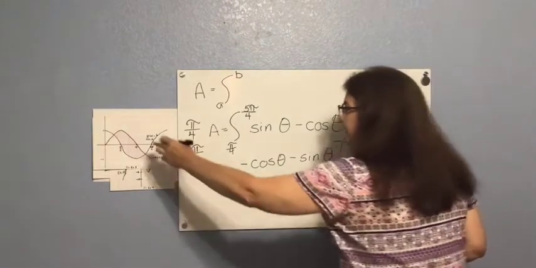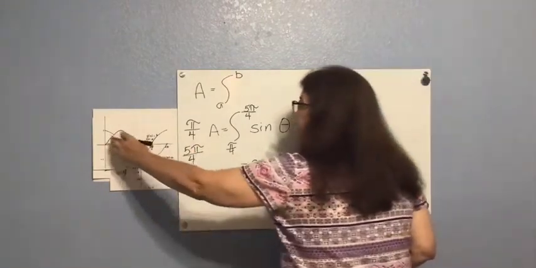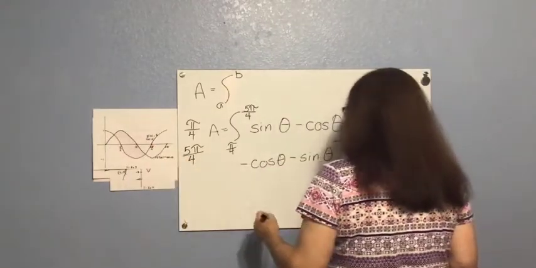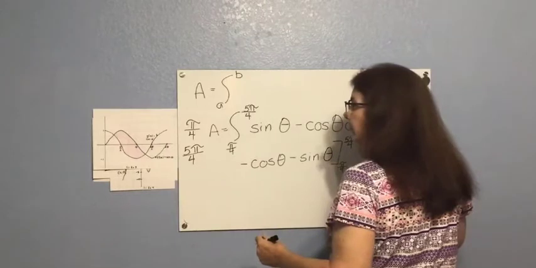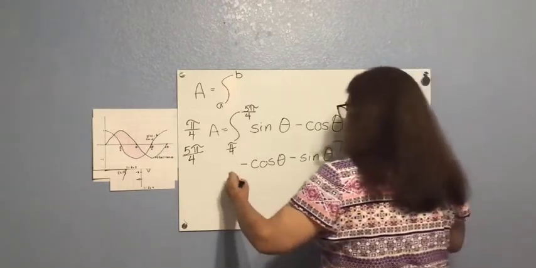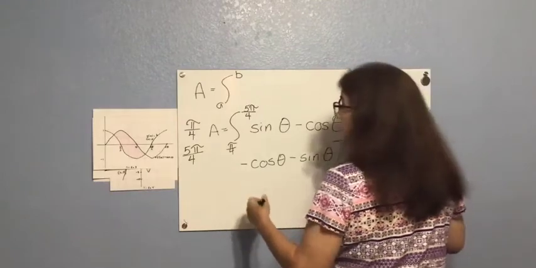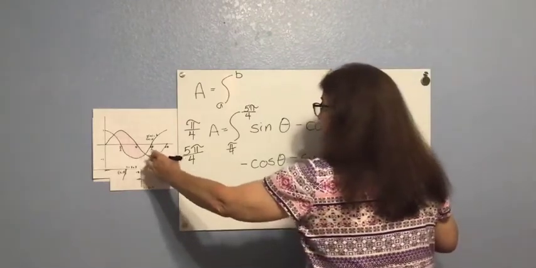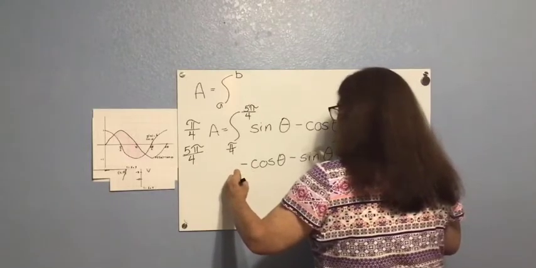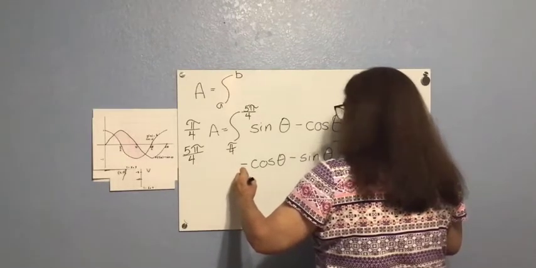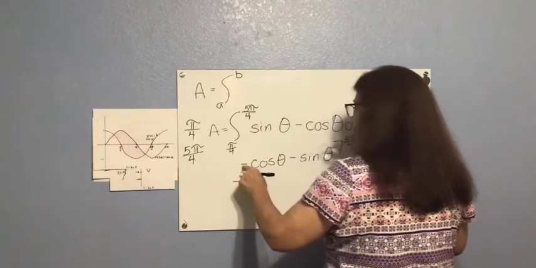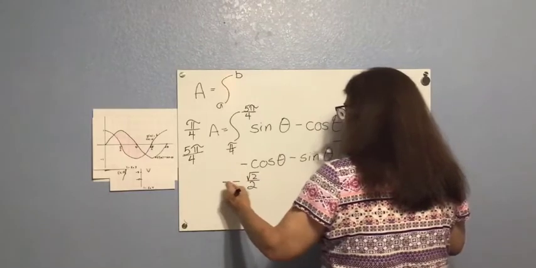Okay, and again, we can look at our graph and recall what those values are. So at 5pi/4, which is where we're starting, the cosine is negative √2/2, but we had a negative here, so that's a negative.